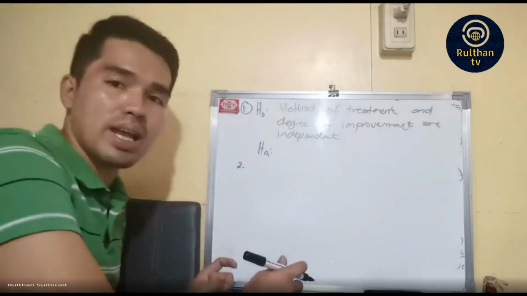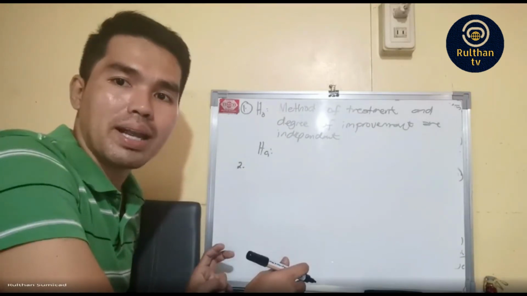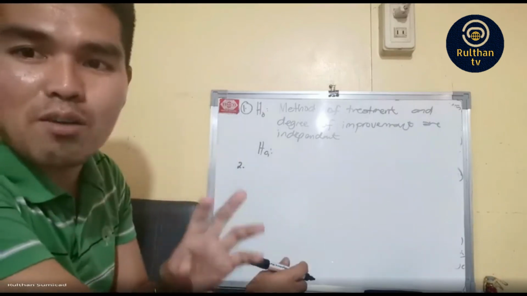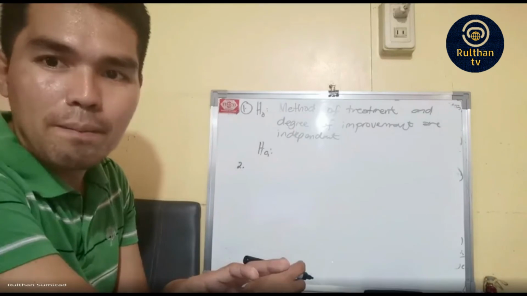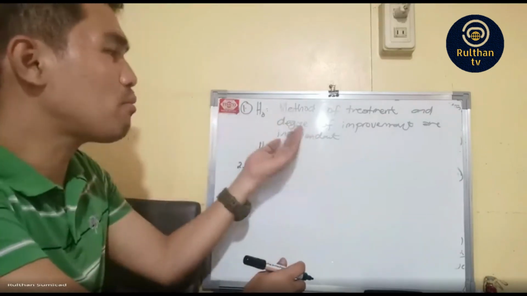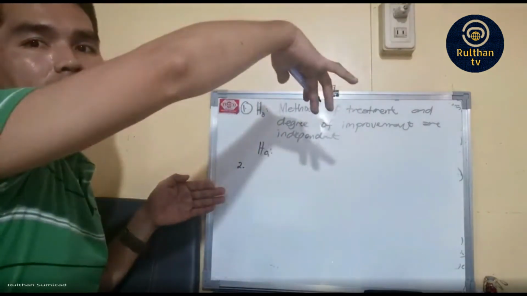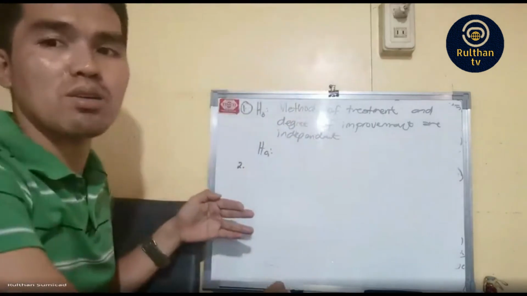We can use here the two-way chi-square test. It says that the data consists of frequencies in categories arranged along two dimensions. That means the one here consists of three categories, and the one above consists of four categories.